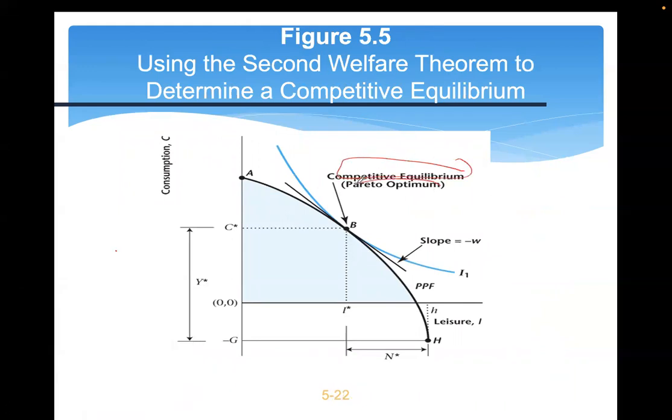We also defined what is Pareto optimal. From there, we understand that a competitive equilibrium is Pareto optimal, and conversely, for a Pareto optimal allocation we can restructure the economy so that it is a competitive equilibrium.